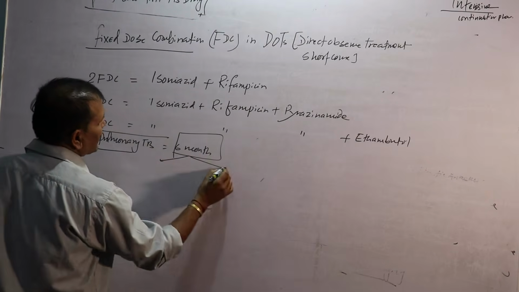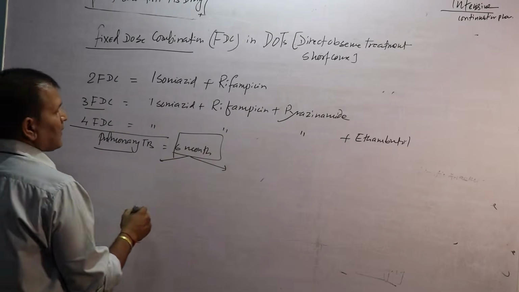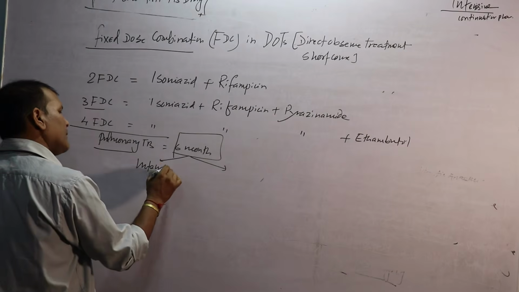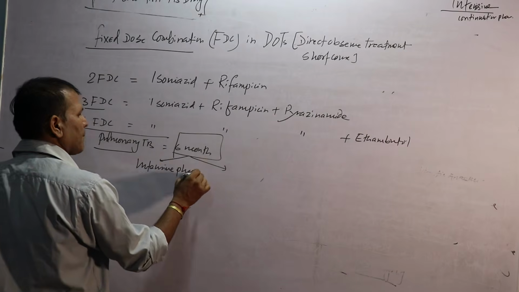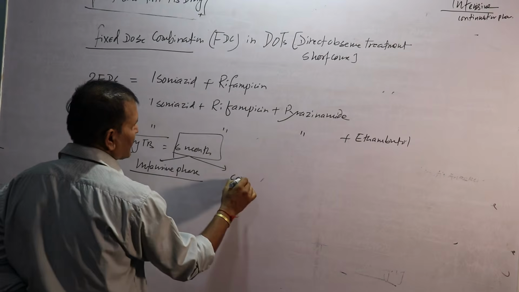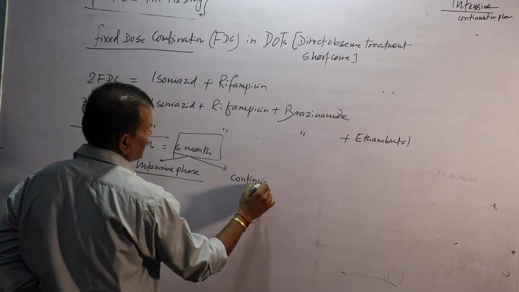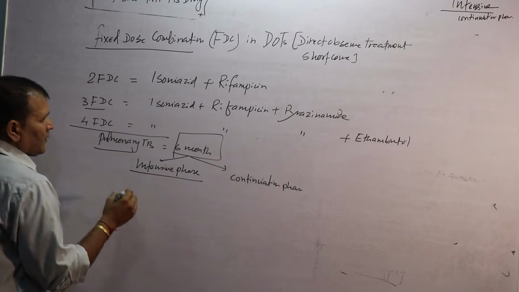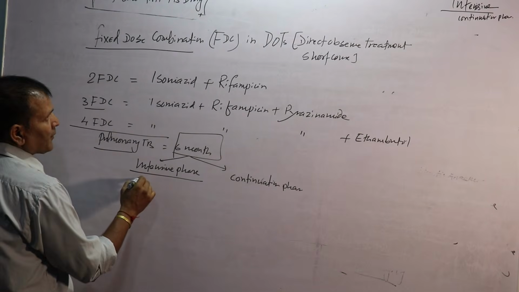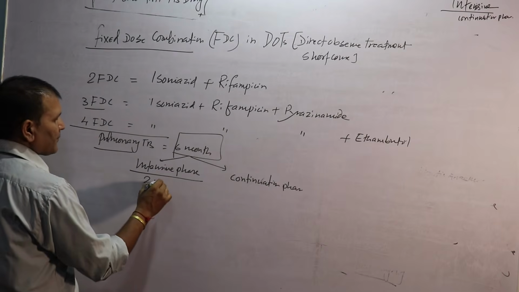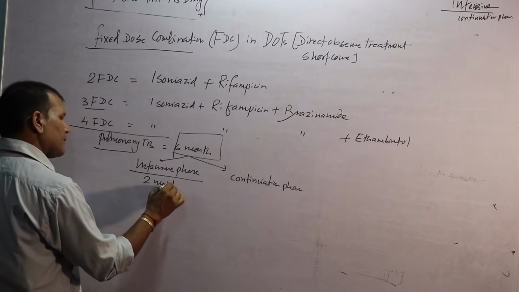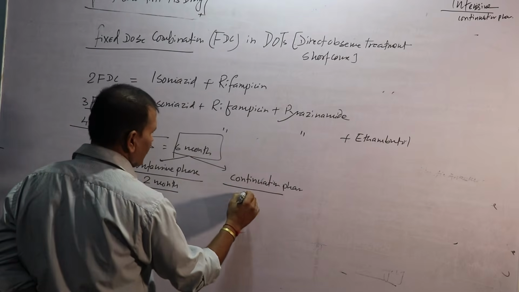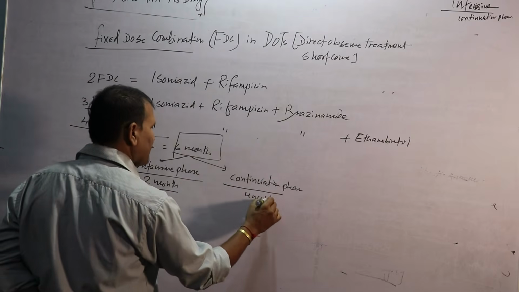It has 2 phases: intensive phase and continuation phase. The intensive phase is assigned for 2 months, and further the continuation phase is assigned for 4 months.